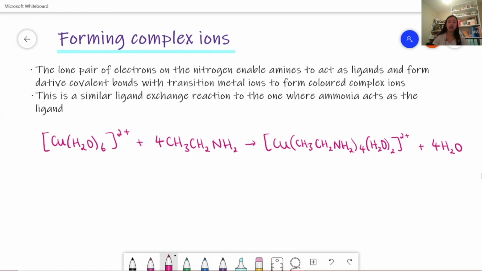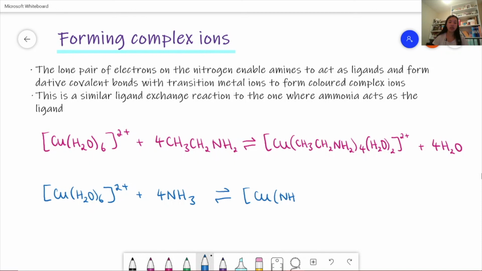And this is actually not a straightforward reaction, but a reversible reaction. And what we're saying is that this is very similar to the ligand exchange reaction to the one where ammonia acts as a ligand. So if we've got the same ion, the Cu(H2O)6 2+, we've seen that if we add 4 ammonias to it, what we can form is the complex with 4 ammonias substituting the waters.